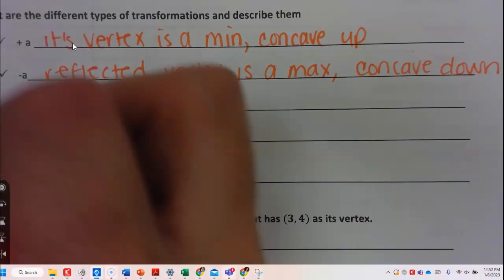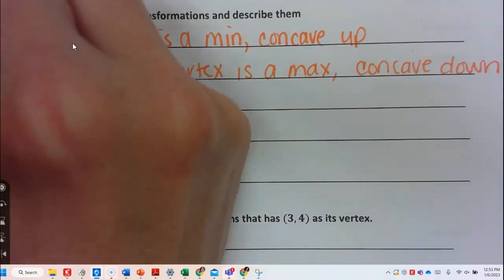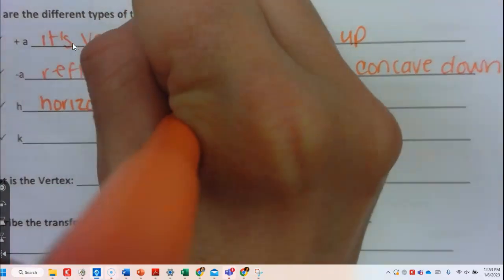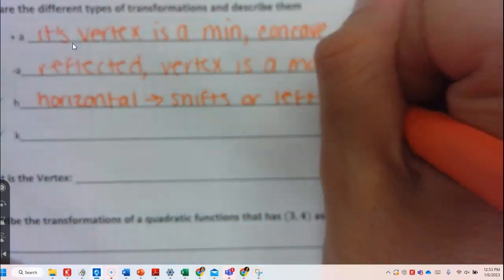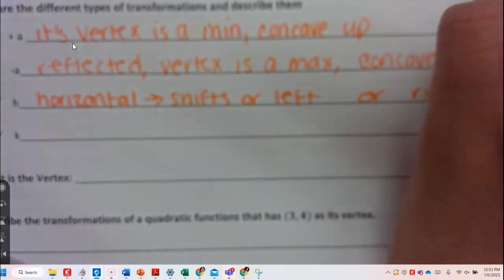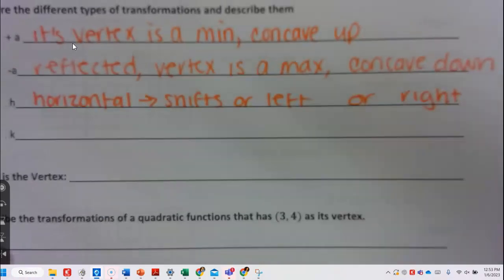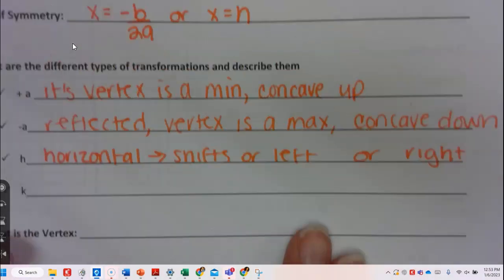The h value is the horizontal translations. That shifts my graph left or right. And then this is kind of what we were just discussing with the h value being positive or negative inside.